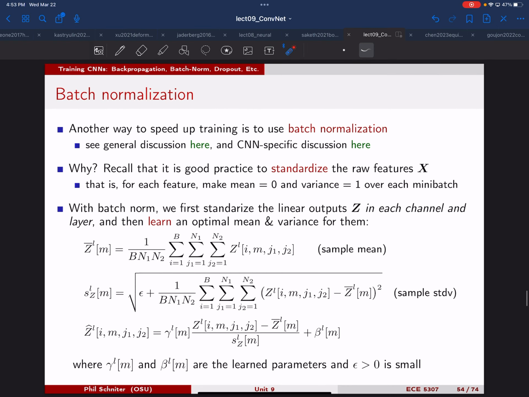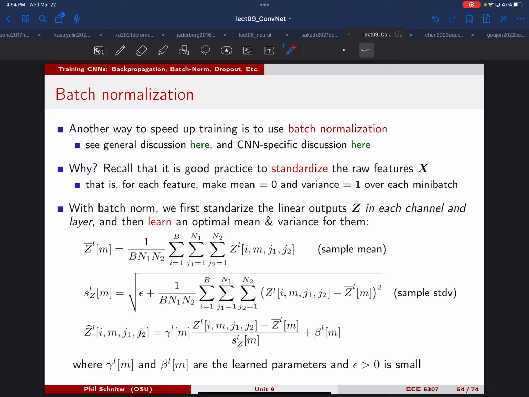Another very popular and effective technique is called batch normalization. So batch normalization, the intuition behind it is standardization. So when we studied regularized methods, we talked about wanting to standardize the raw features X, basically make them all roughly the same size, make them zero mean, unit variance, and that had various benefits.